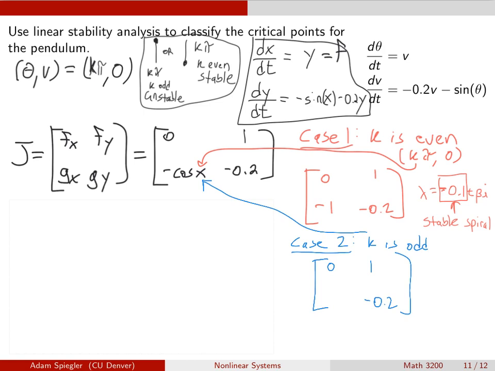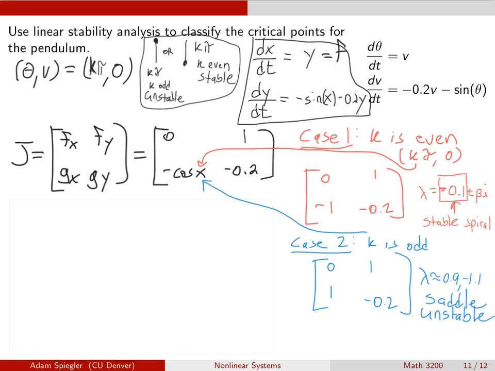Then we get negative 1 times negative 1, which is a positive value over here. When you find these eigenvalues, they are approximately 0.9 and minus 1.1. So they're real, one positive and one negative. This winds up being a saddle, and we would say that that is unstable.